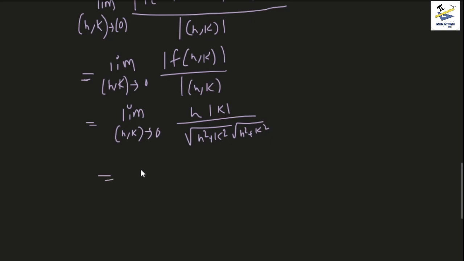And therefore it would seem that the function inside the limit simplifies to the following: h mod k divided by h square plus k squared.